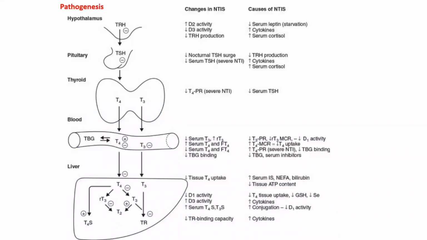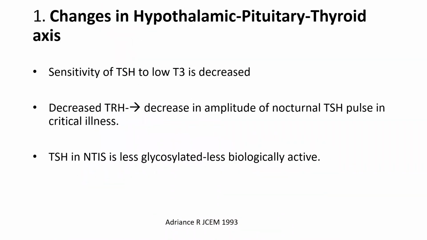What happens in non-thyroidal illness syndrome? There are changes in the hypothalamo-pituitary axis. The sensitivity of TSH to T3 is reduced. Usually when T3 is increased, it has a negative feedback, acting on the TR beta receptor in the hypothalamus and pituitary, as a checkpoint. So that is reduced.